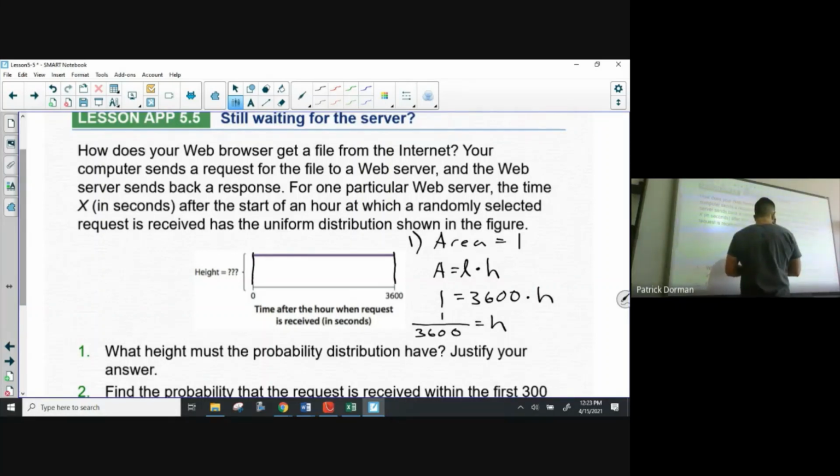Maybe 4, we'll go by 900s. So I'll split it up like that. 1, 2, 3. And that would mean this is 900. This is 1,800.